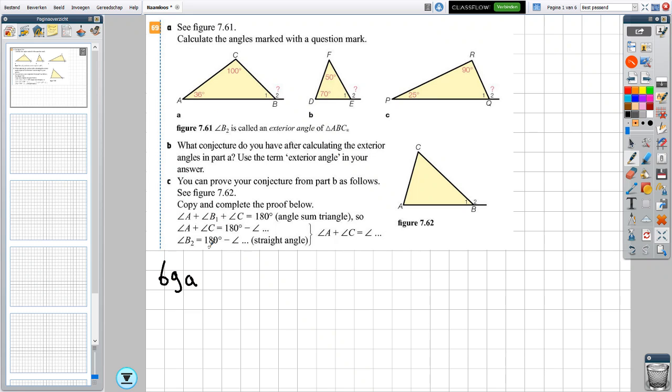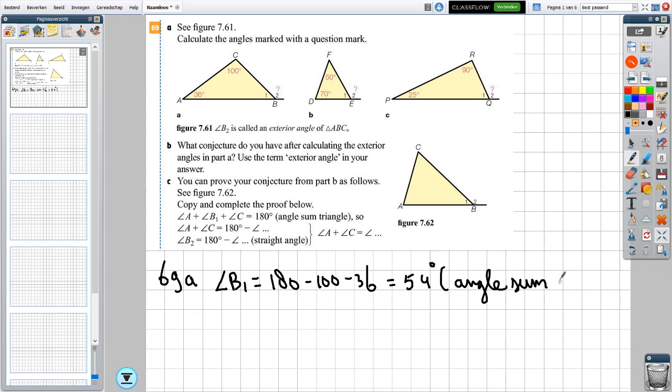So here you would say angle B1 is 180 minus 100 minus 36 equals, in this case, 54 degrees. Why? Because it's the angle sum of a triangle.